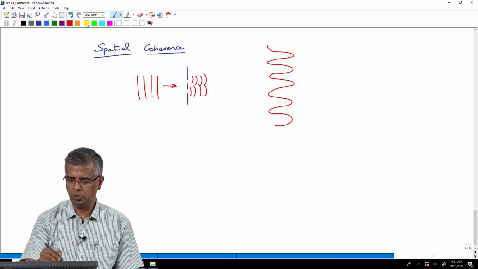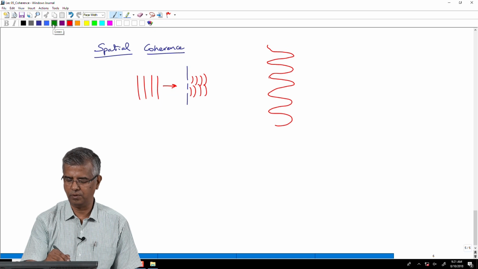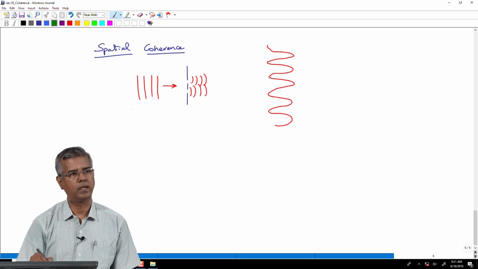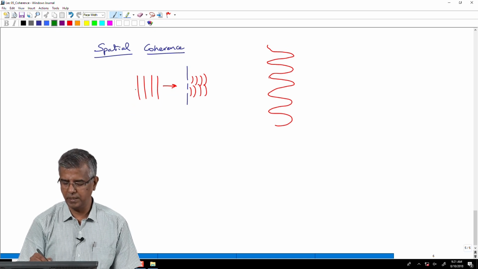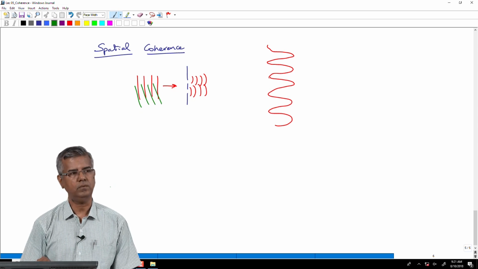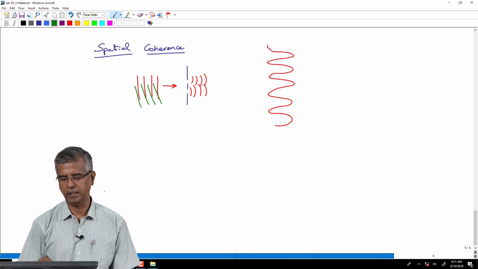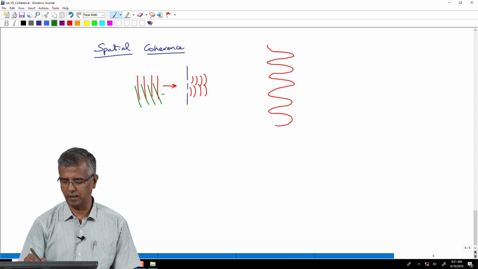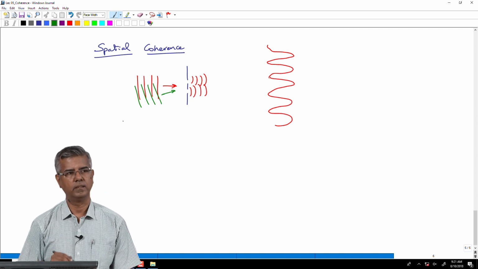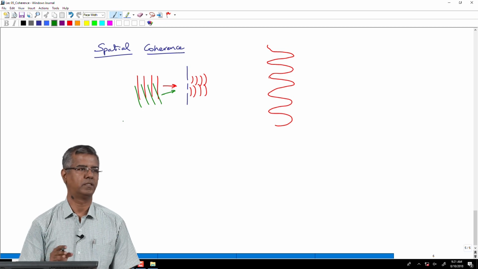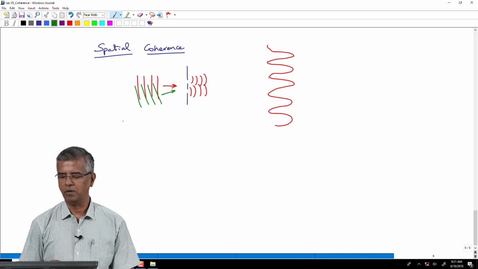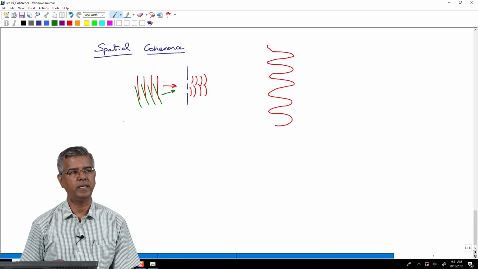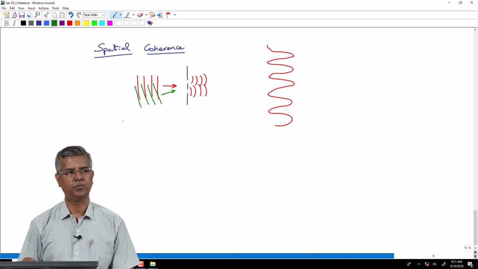Now, suppose I have this source coming at a slight angle over here. It's not normal to the pinhole, it's coming at a slight angle. Where do you expect the interference fringes to be?